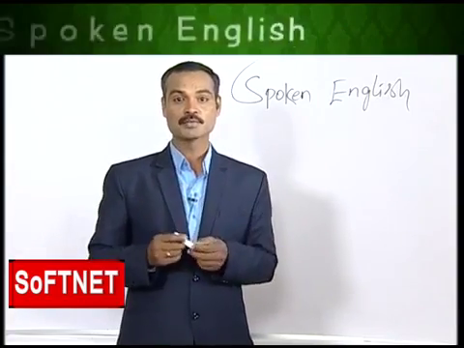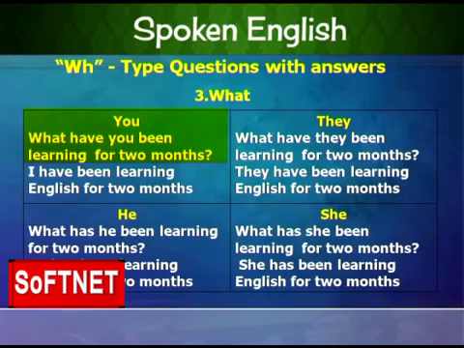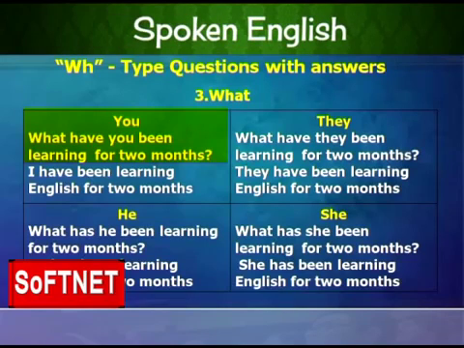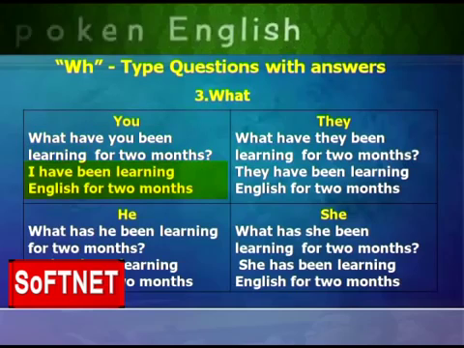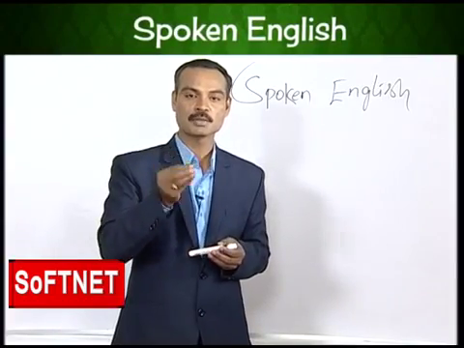Friends, please tell me, what have you been learning for 2 months? Somebody told me that 2 months ago you started learning something, but I don't know what that is. That's what I am asking you. Come on, tell me, what have you been learning for 2 months? Your answer is, I have been learning English for 2 months. If you want to mention a month name, you can use since.